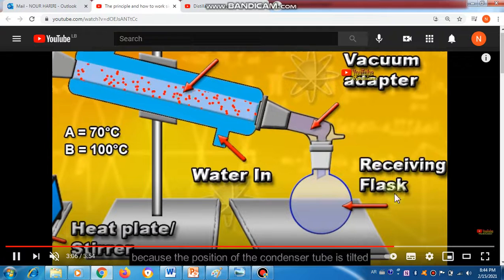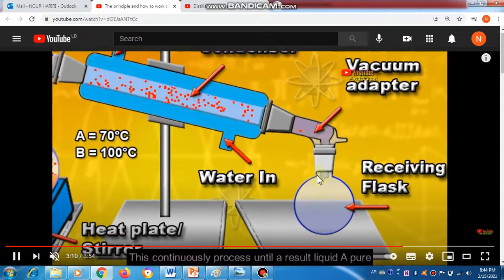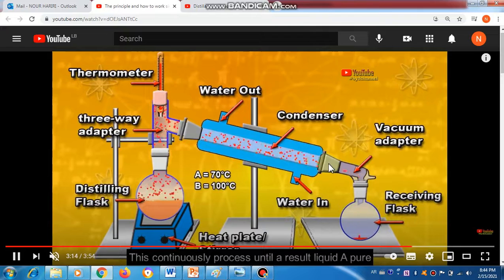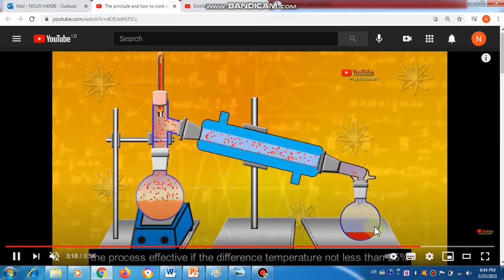هون مسميها receiving flask، فينا نقول Erlenmeyer flask. This is the substance A. It's condensing in the condenser. The liquid A now becomes collected in the Erlenmeyer flask.